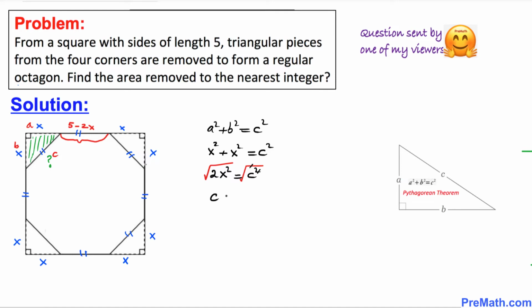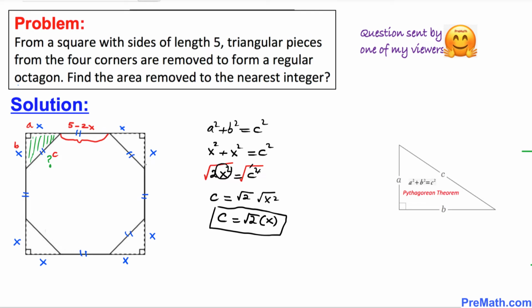So c turns out to be square root of 2 times x. That is our c.